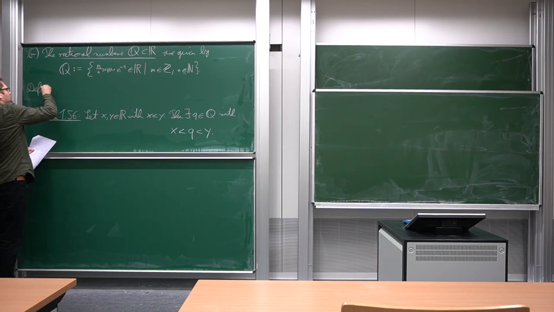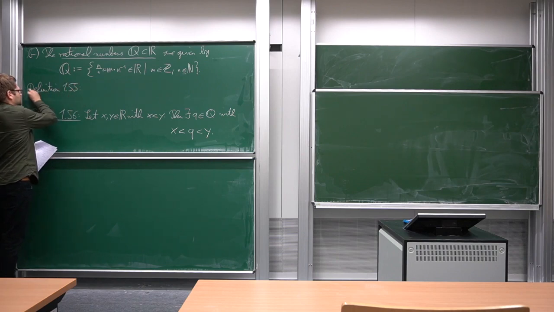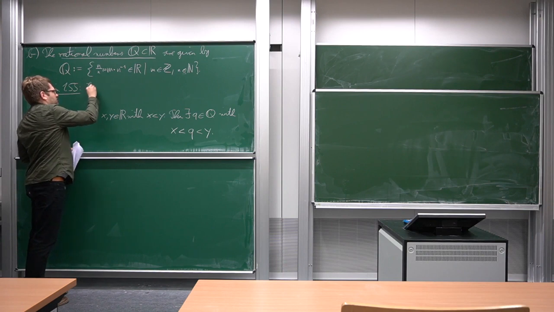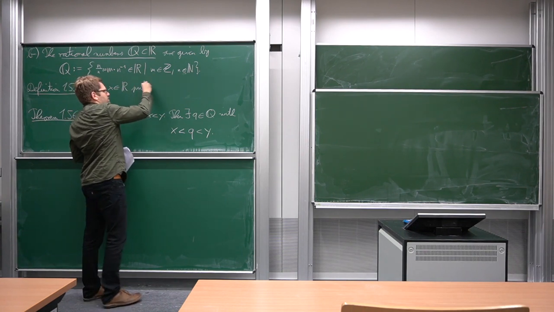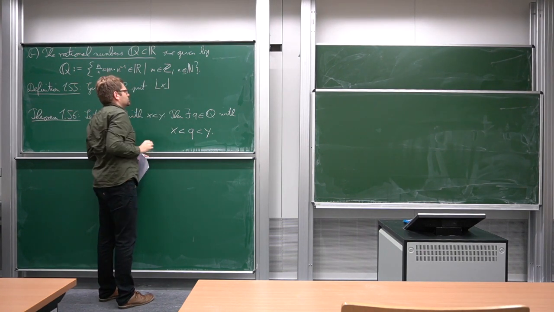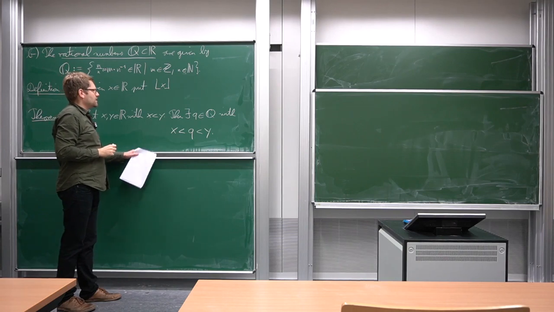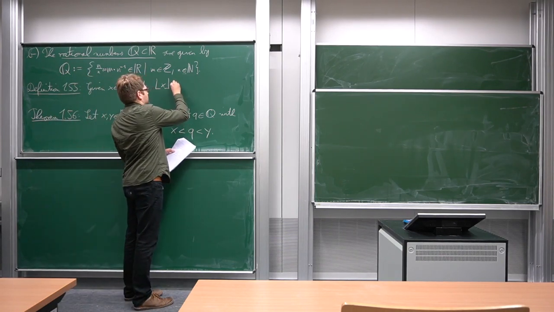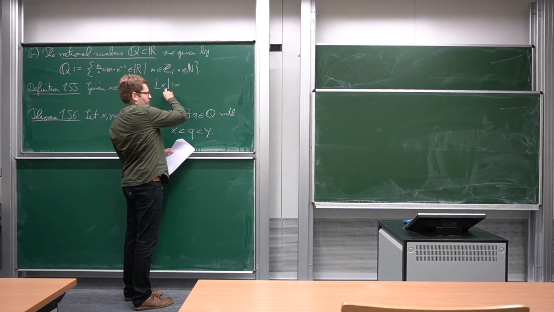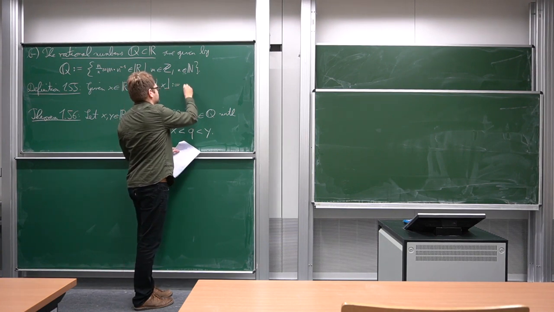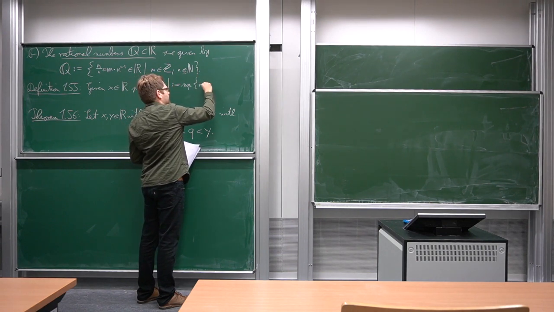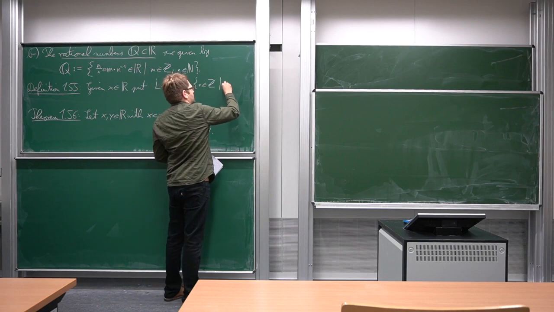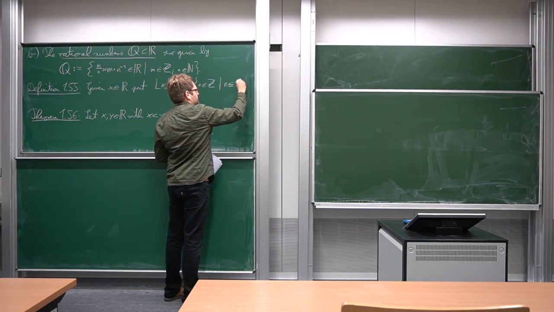So I just change the ordering here to make it more comfortable for you to get the idea. For x in R, we put this, which is called the floor function, or in German you call it Gauss bracket. This thing here of x, I would just call floor of x. The floor function of x is defined to be the biggest integer, so the supremum of all n in Z such that n is smaller than or equal to x.